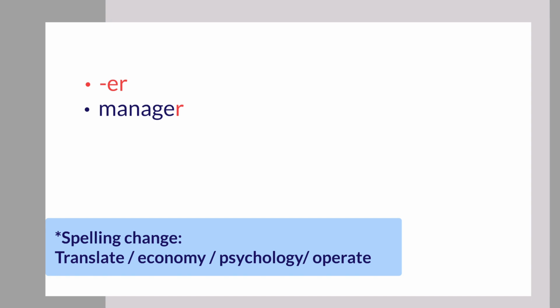So manage is a verb. We can add only r because we already have e at the end of the verb. It becomes manager. And this is a noun which is different from the noun that we already made with the suffix ment, management. Okay, here we are talking about the job of the person.